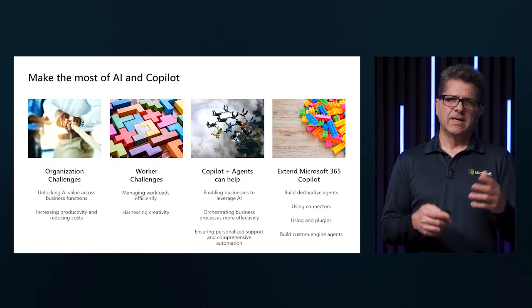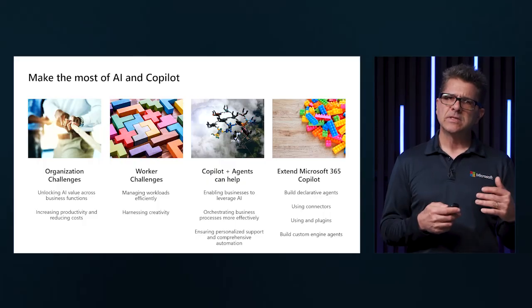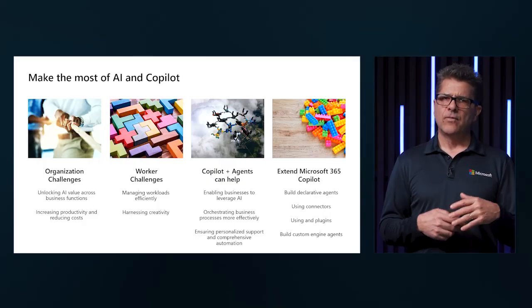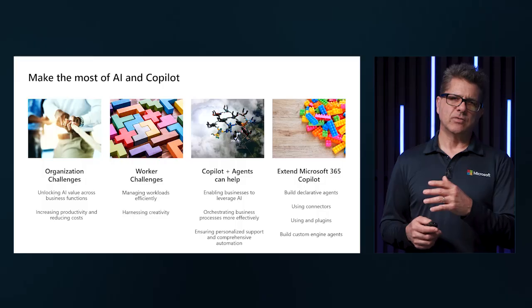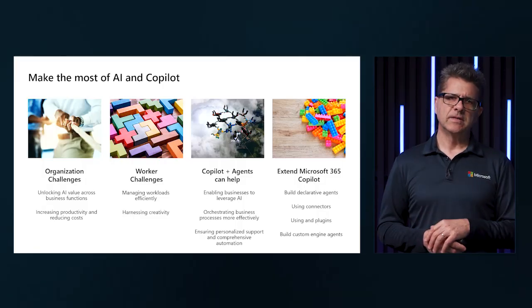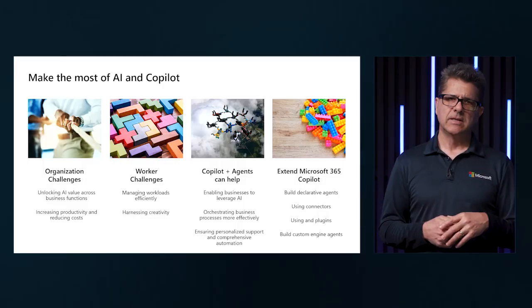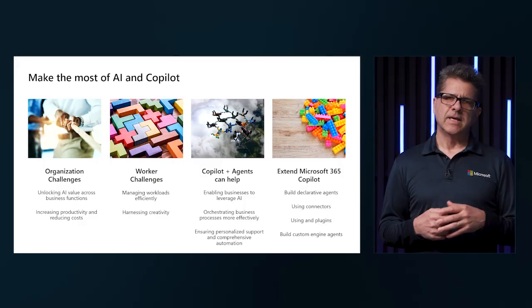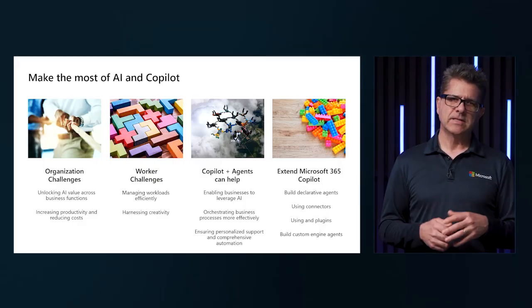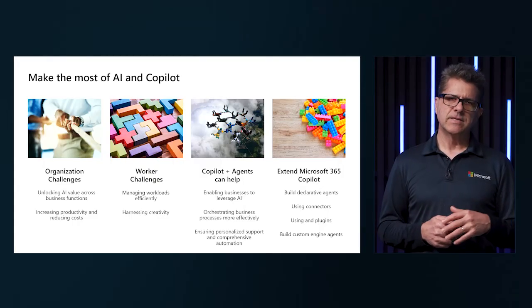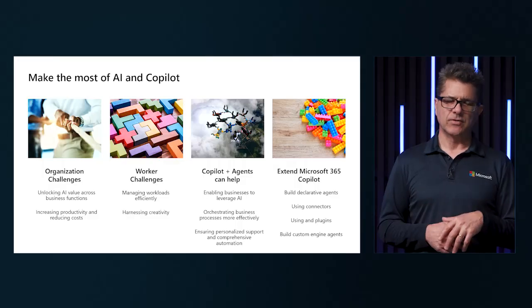Microsoft 365 Extensibility really helps leveraging AI for a better business process, so you can begin to automate these capabilities. Personalized support, automation, extend your Copilot with agents, connectors, plugins, really address these challenges for your customers.